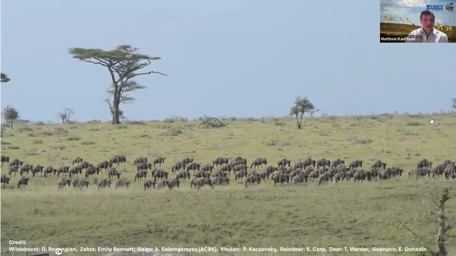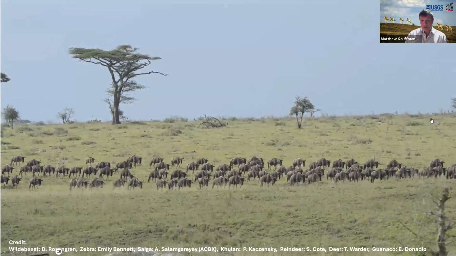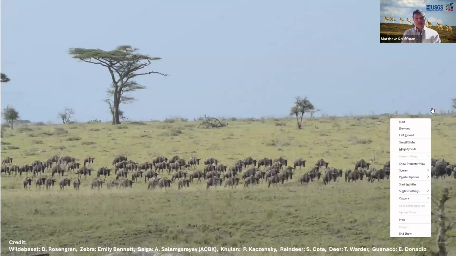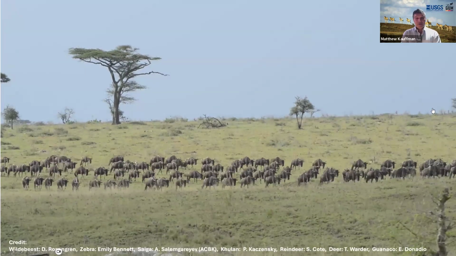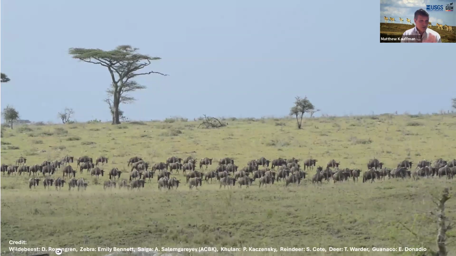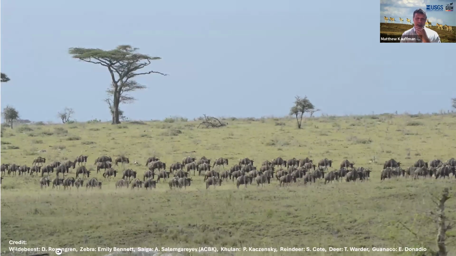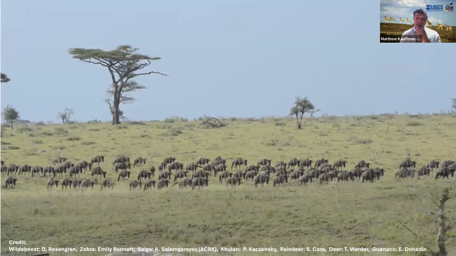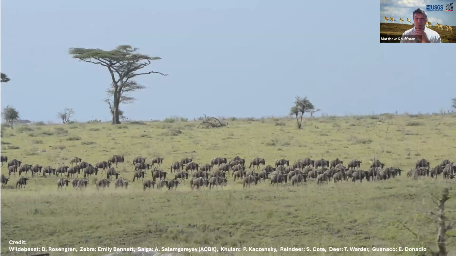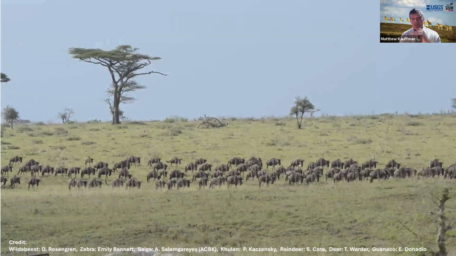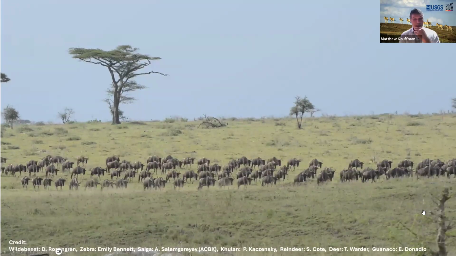And of course, we also have reindeer that make migrations in Scandinavia, and then additional mule deer who move across working landscapes in the American West. And finally, one migration in South America, the guanaco, who make aggregate migrations in elevation in that country.